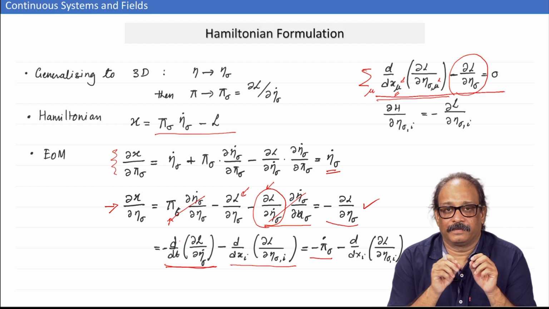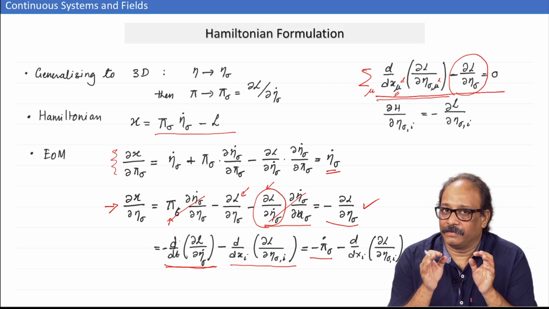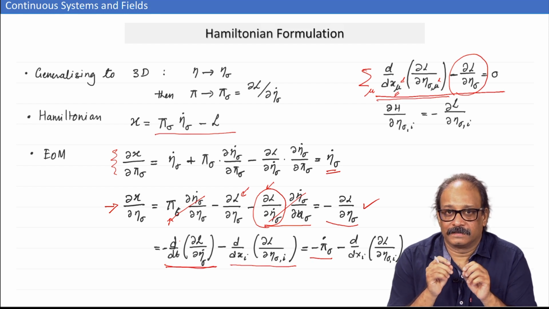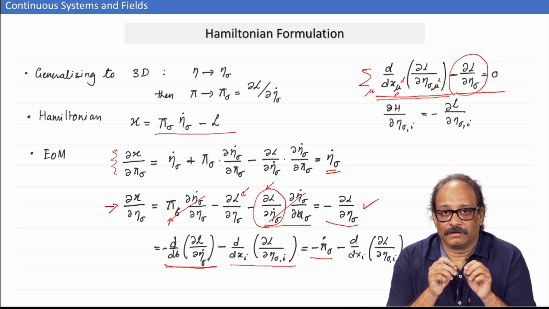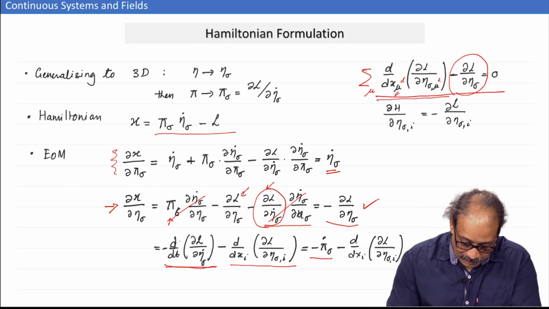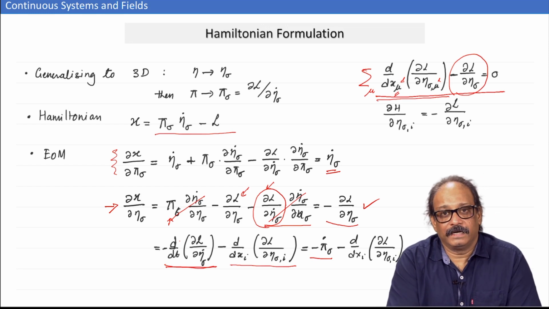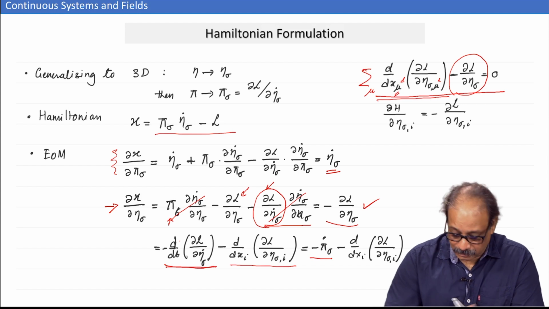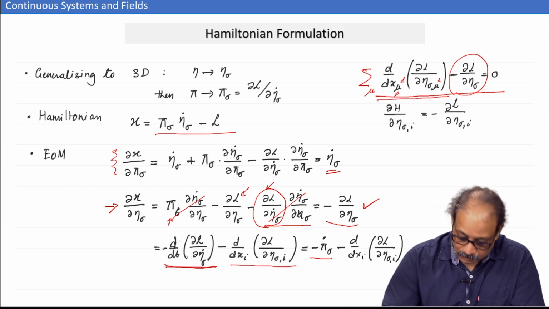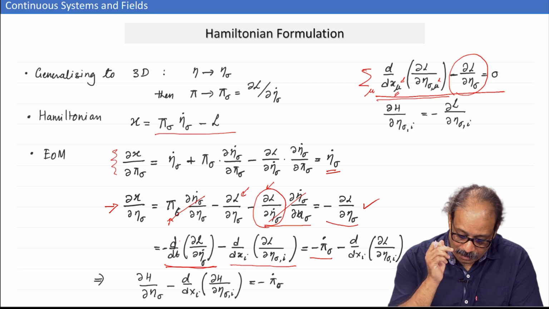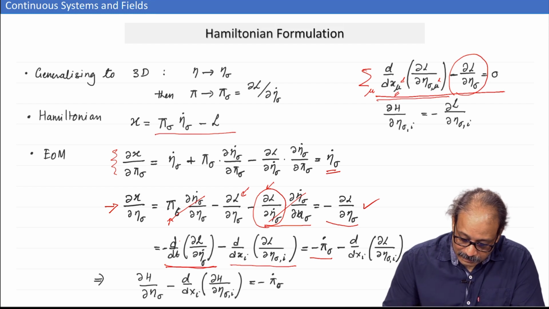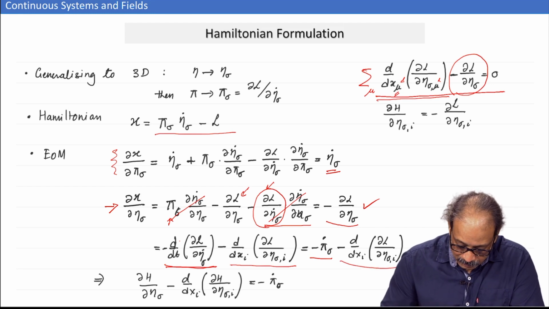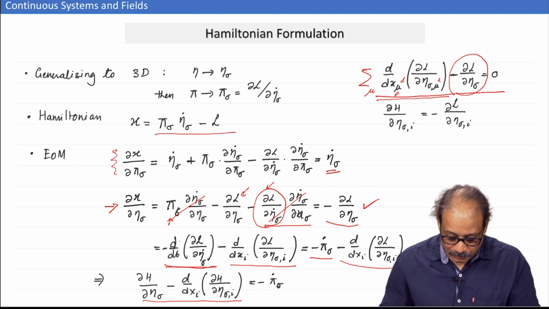The Hamiltonian formulation for particle dynamics simply would have said pi sigma dot is equal to minus partial derivative of h with respect to eta sigma. That is what I was expecting, but that is not what we get here. So, when I now take the other terms to the left hand side, and look at this.